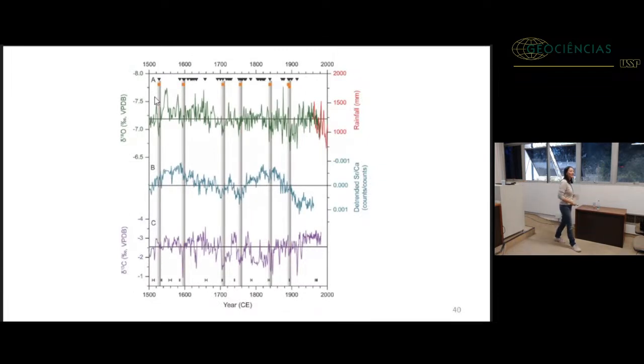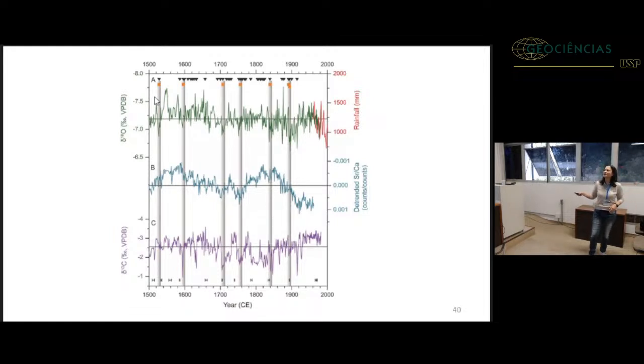And they checked it in the stalagmite. So they did the oxygen isotopes, the trace elements, and the carbon, and they checked that during these periods, in gray here, that is the droughts recorded inside the cave.